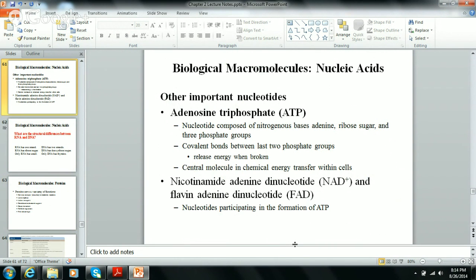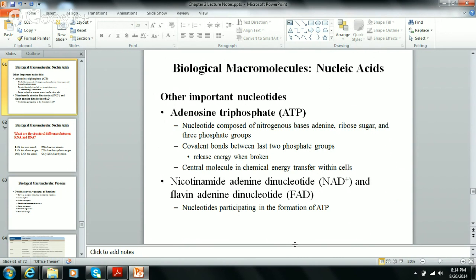Another new type of nucleotide is ATP, which is energy. ATP is a magical molecule because it starts off as ADP, adenosine diphosphate, and then we attach a third phosphate group to it, which turns it into adenosine triphosphate.